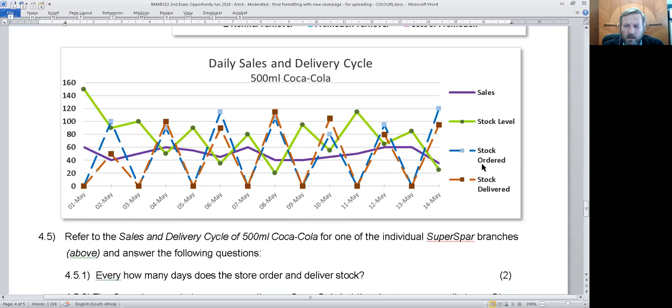Whereas the stock delivery, we're asking on the ordering and delivering. The green one, you got 50 going up to 100, coming down to 90, going up to 110, 115 coming down.